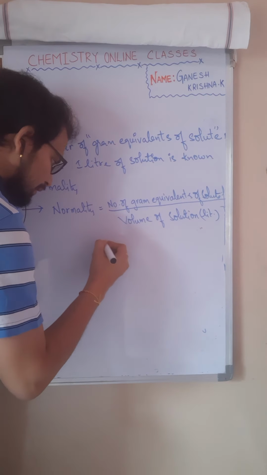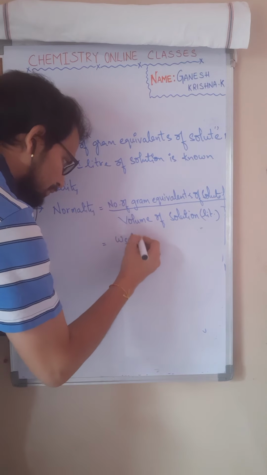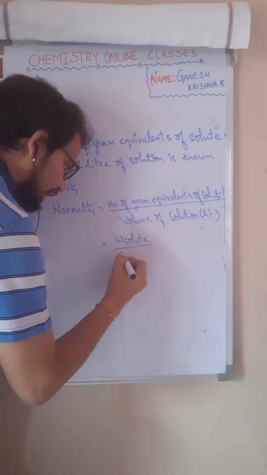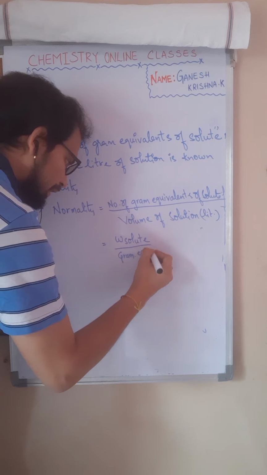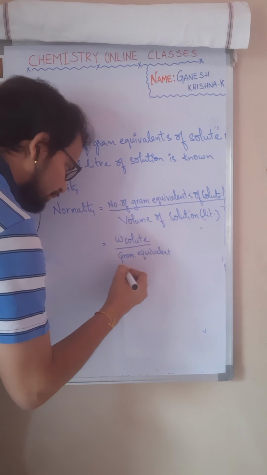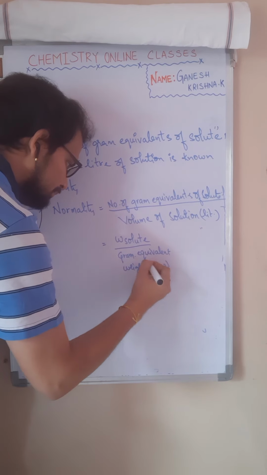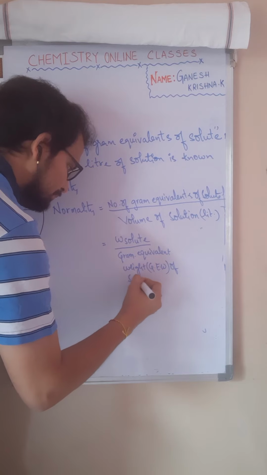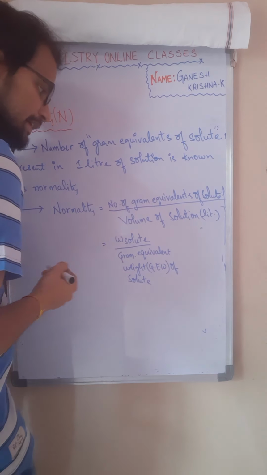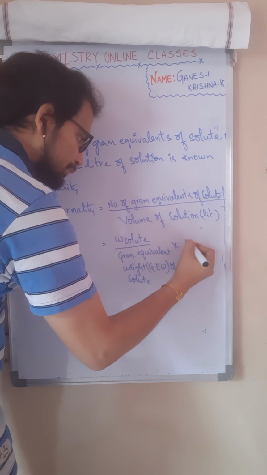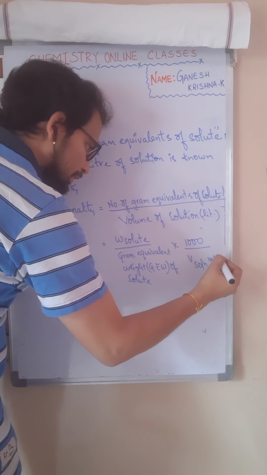The same thing is also written as: the number of gram equivalents of solute can be written as weight of solute by gram equivalent weight, denoted as GEW, of solute. This is called gram equivalents, into 1000 by volume of solution measured in milliliters.